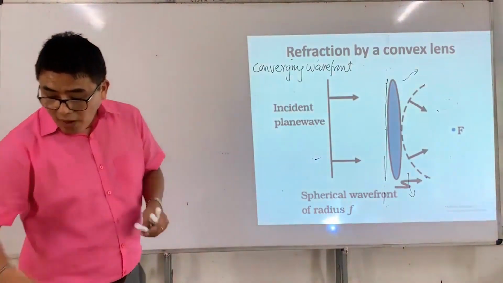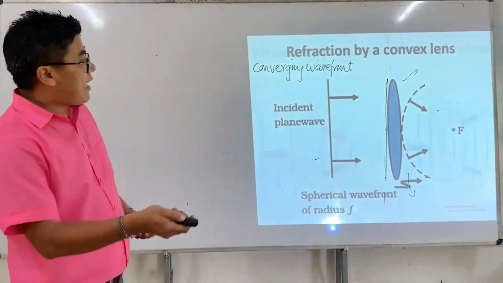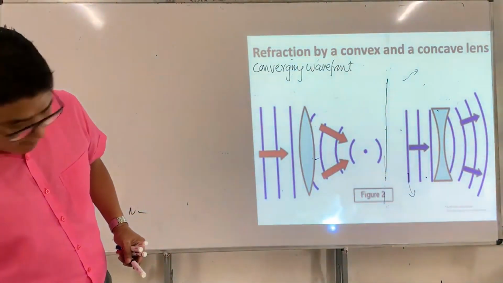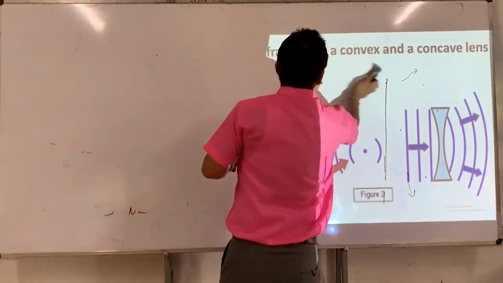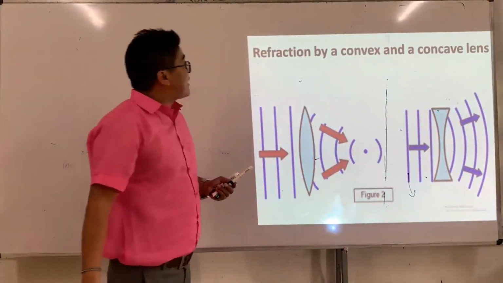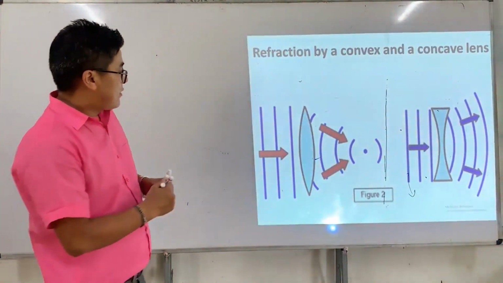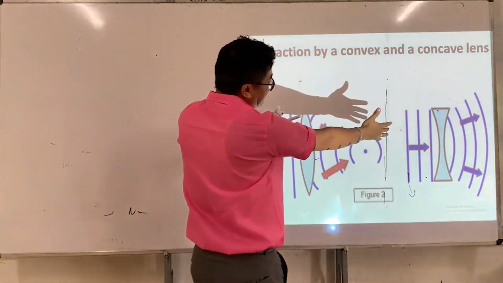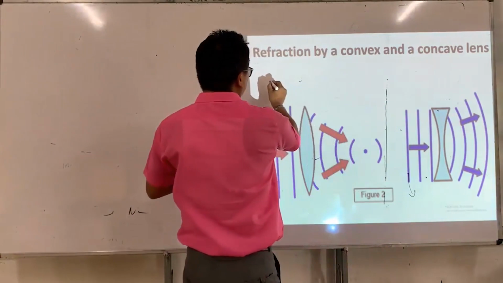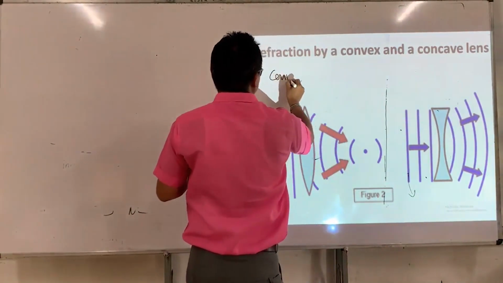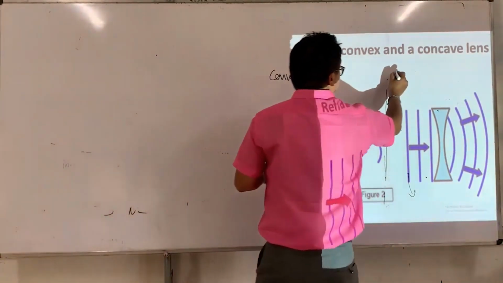Alright, now next I have this. This is convex as well as concave. This is converging and this is diverging. This is just the opposite.